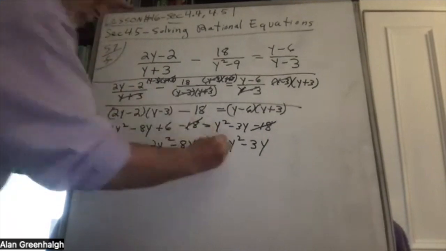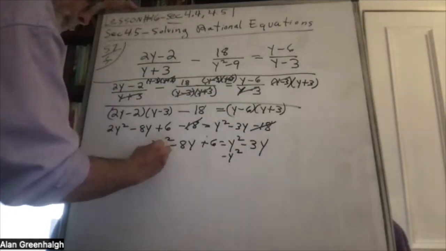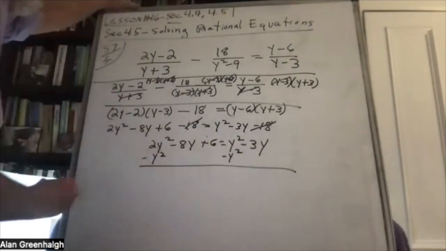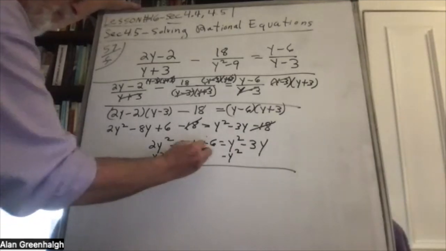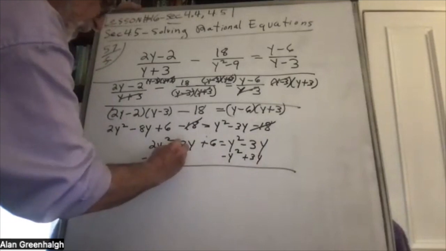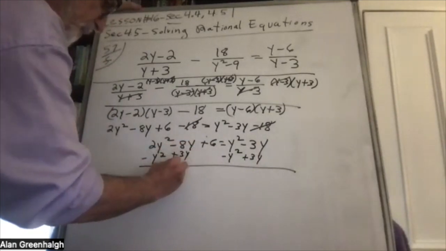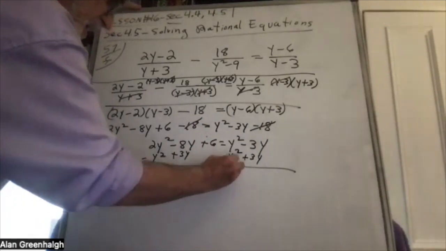So next, we're going to bring over the y squared, and that'll give us y squared. Let's bring over this over here, negative 5y, positive 6 equals 0.